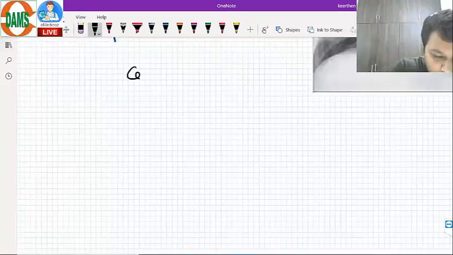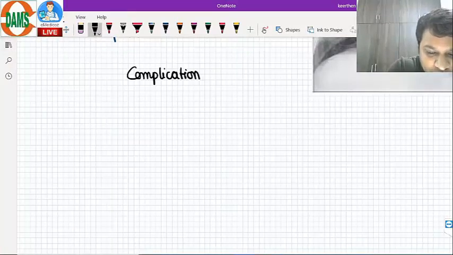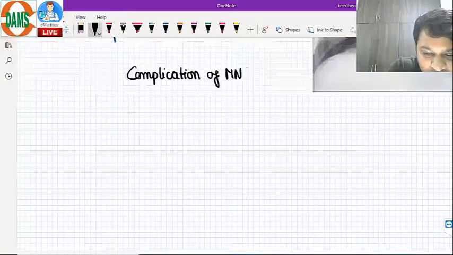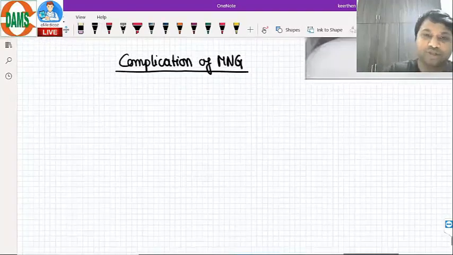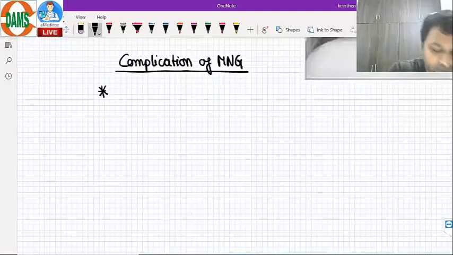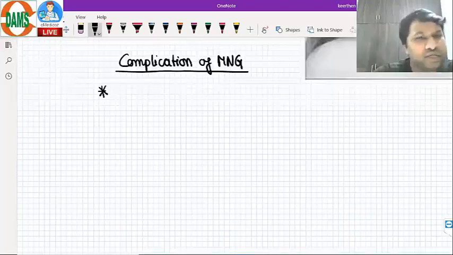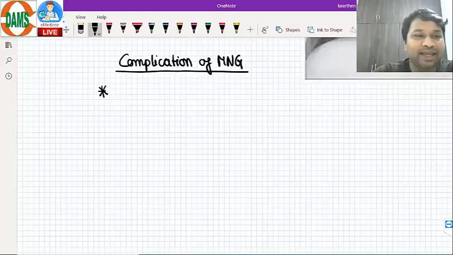So I'm going to talk about the complications of multinodular goiter. One of the complications is, if a patient has multinodular goiter and still does not seek any medical attention, a few years down the line, the nodules which have formed have the tendency to undergo autonomic change.